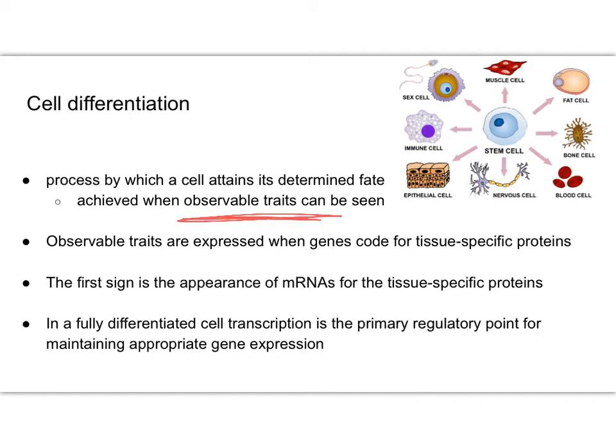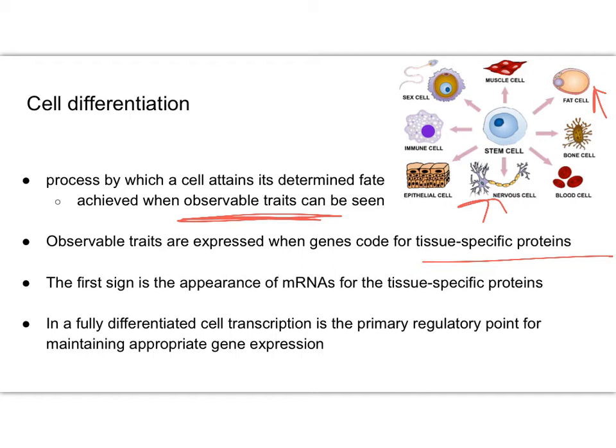When we actually see the compact bone being laid down in the bone cell, when we see the adipose tissue and the cell arranged so that it can store the extra fat, when we see the modifications on a nerve cell, that's when these observable traits are being expressed. They're being expressed when genes are coding for tissue-specific proteins and when these observable traits are actually seen.